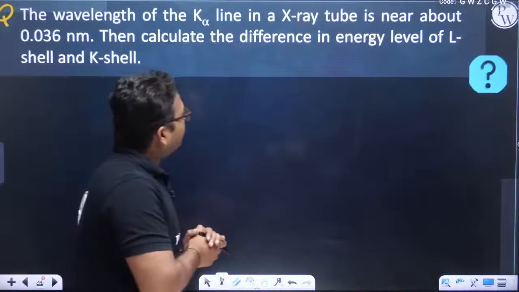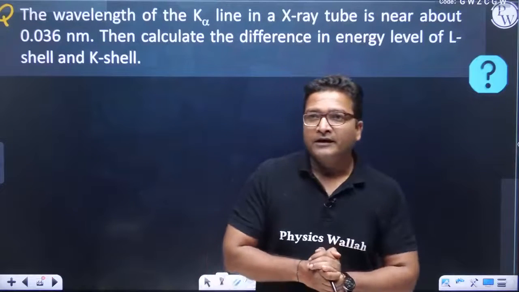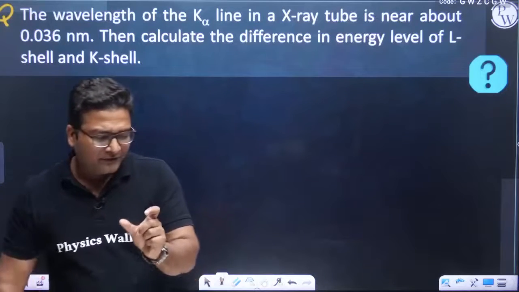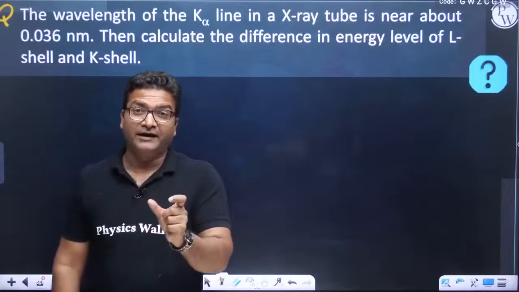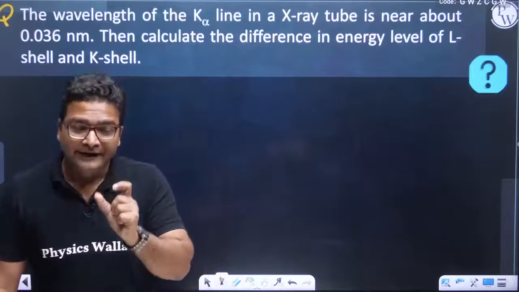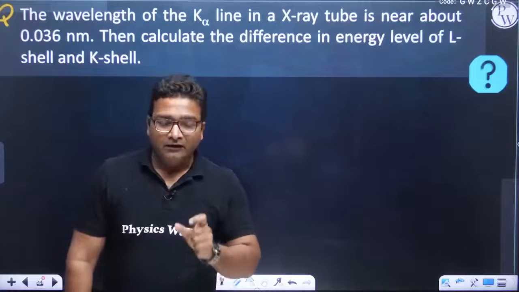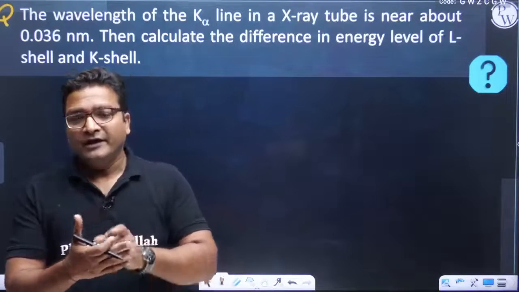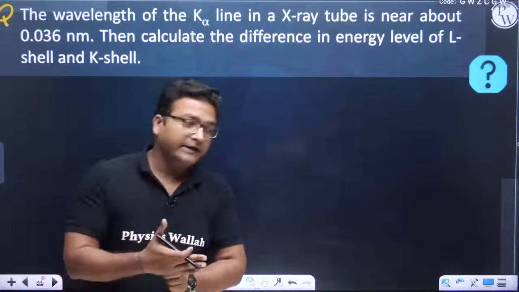Here we have the wavelength of K alpha line in the X-ray tube, which is nearly 0.036 nanometer. Then we have to calculate the difference of energy of level of L shell and K shell.